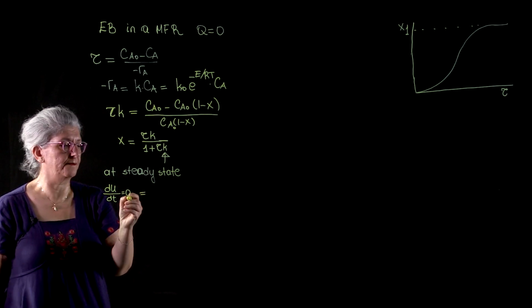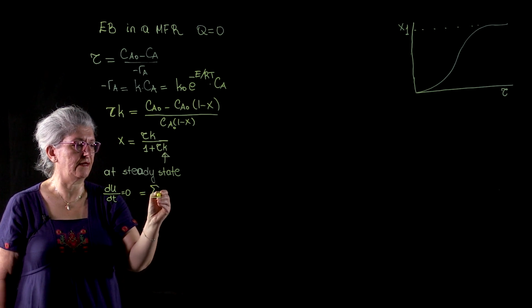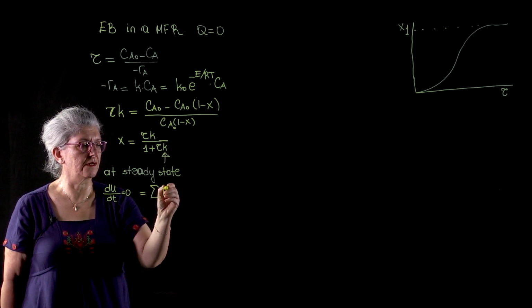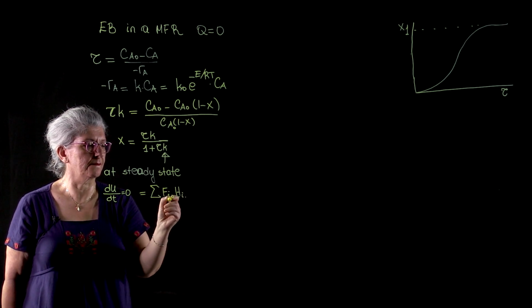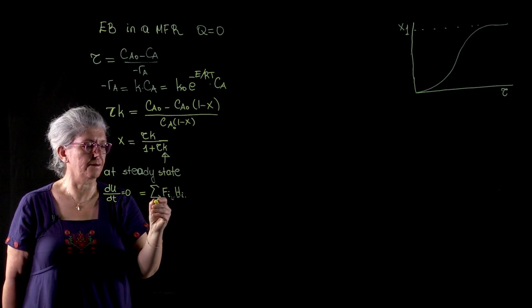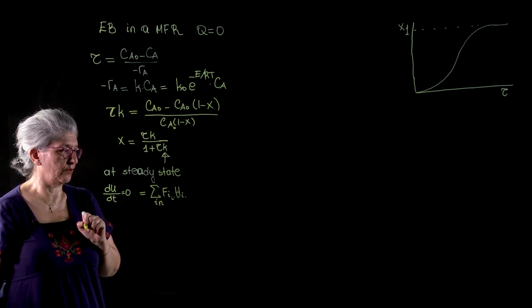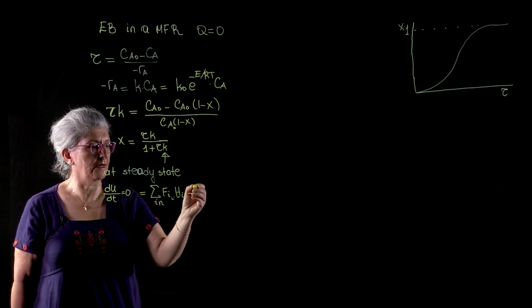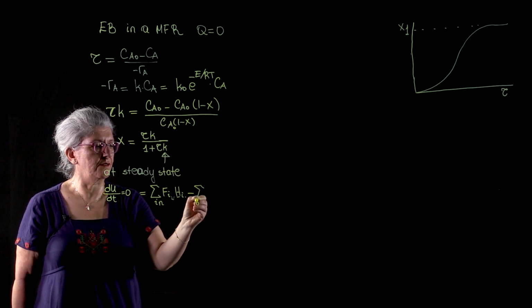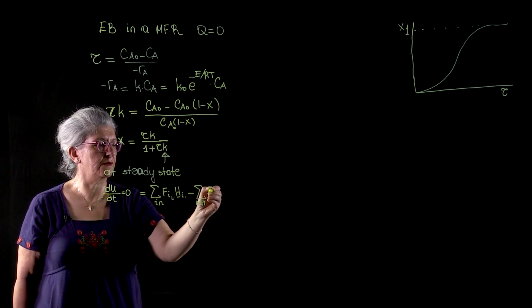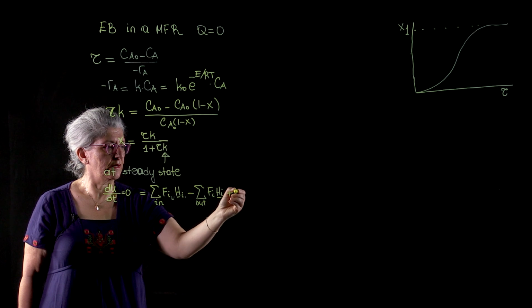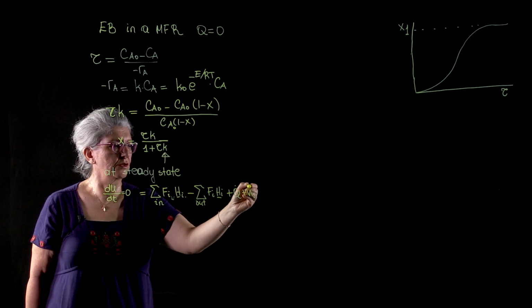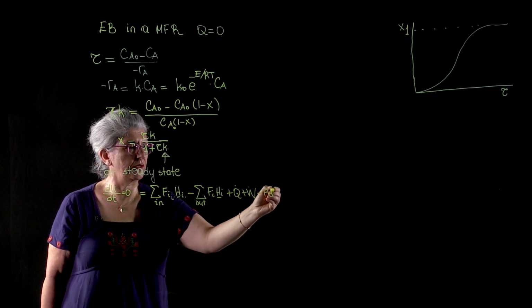We're going to have the net rate that energy flows in with the flowing streams, minus the net rate that energy flows out with the flowing streams, plus heat, plus shaft work, minus P dV over dt.